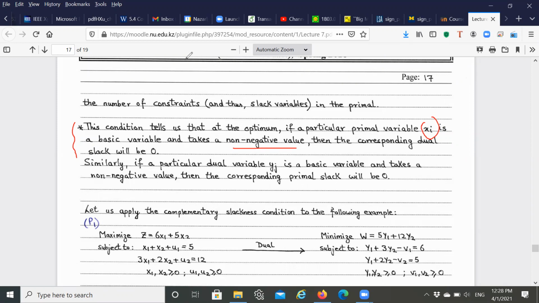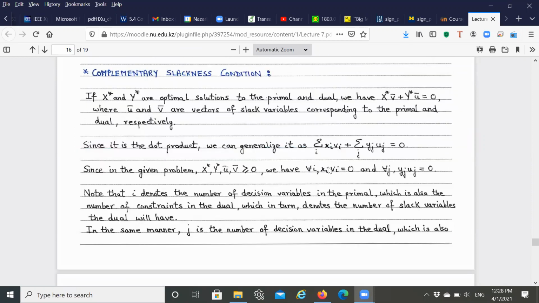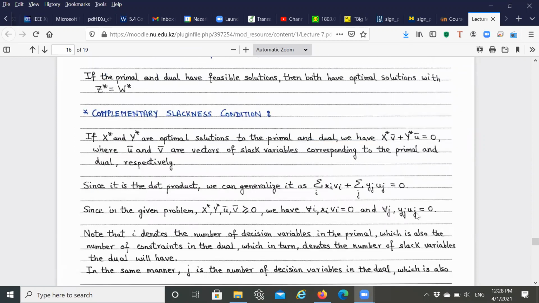Basically, it is saying the same thing that I told you over here: either one of these two will always be equal to 0 at optimality. Either this will be equal to 0 or this will be equal to 0. This condition holds when we are at the optimal state, that means the last iteration of the simplex table.